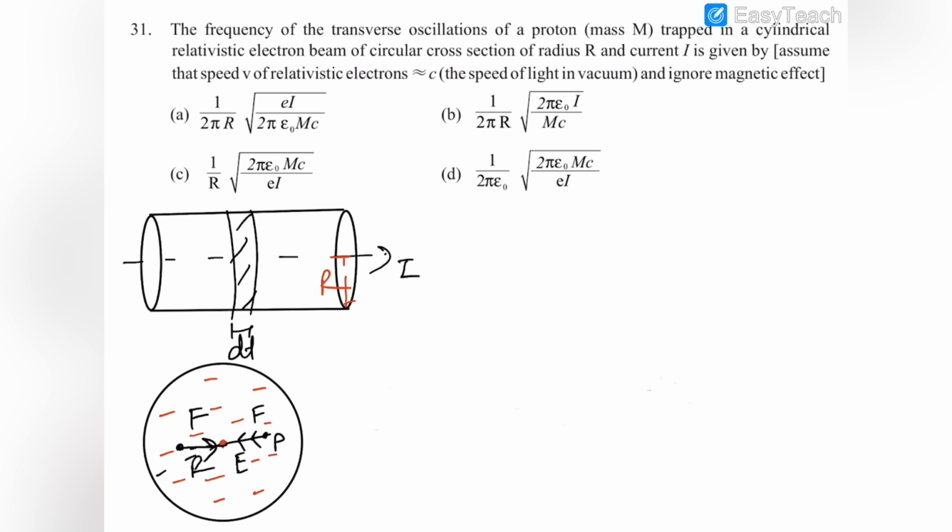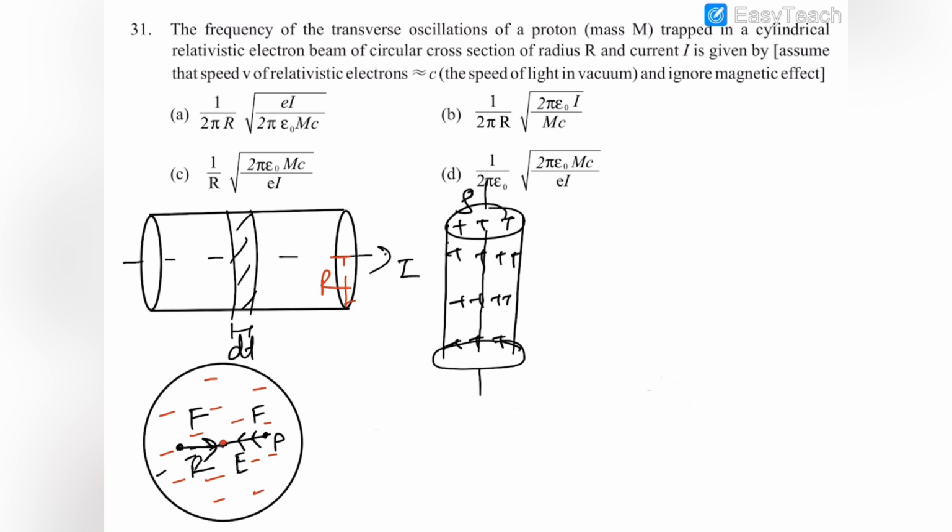Now we know that in a uniformly charged infinitely long cylinder, let's suppose its charge density is rho. I am assuming the positive charge, that doesn't matter.